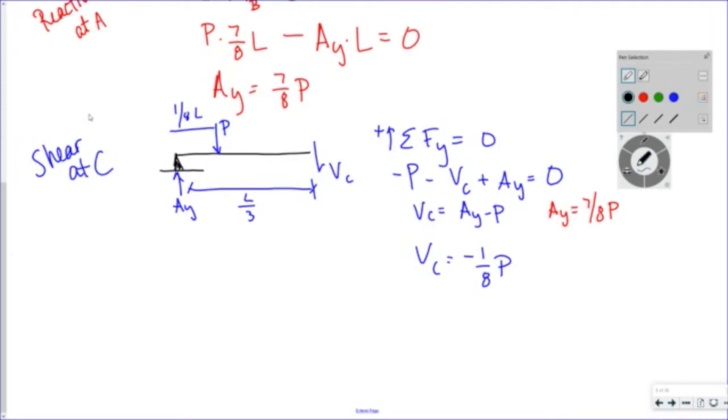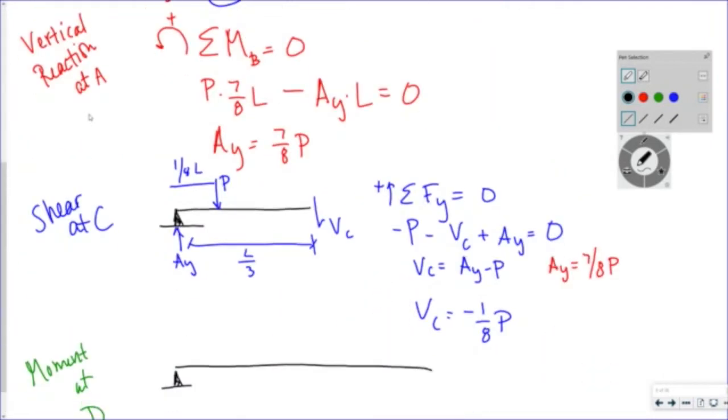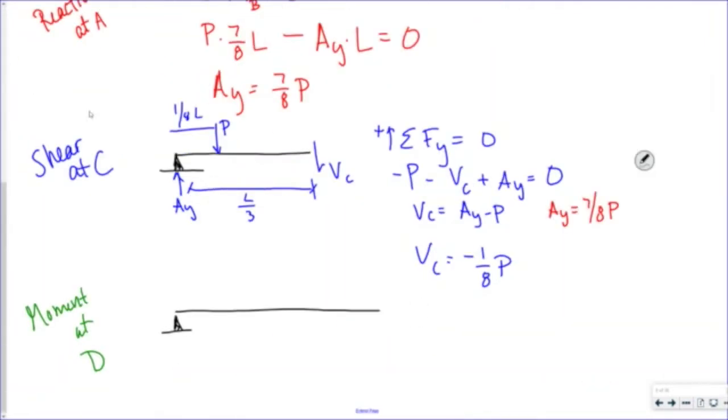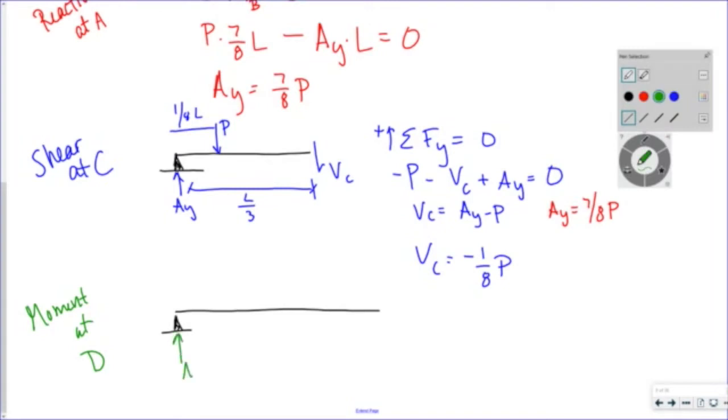Do the same thing for my moment at D. I don't know if that's big enough or not. Kind of stops like there. Okay. I've got my vertical reaction at A, my applied load P that's applied at L over 8.